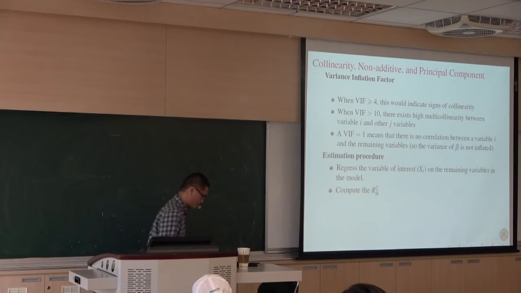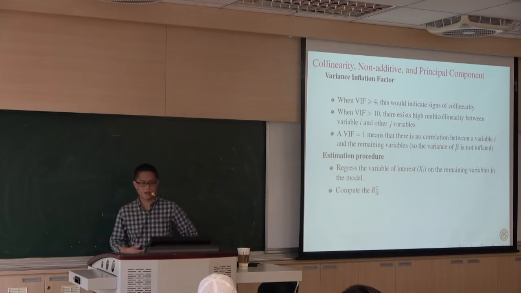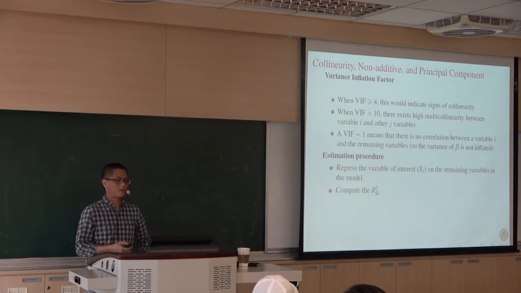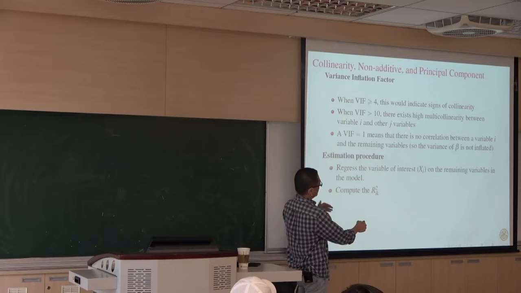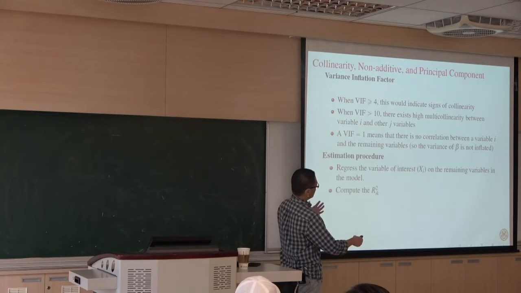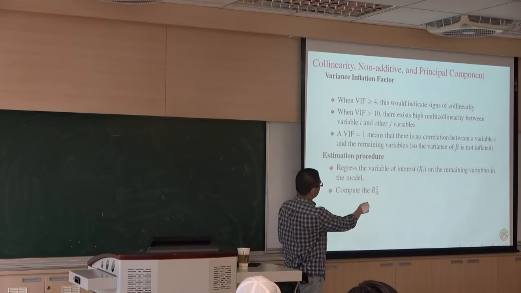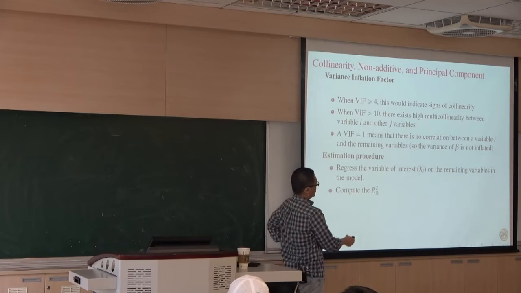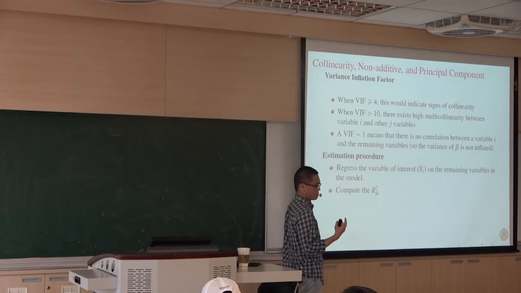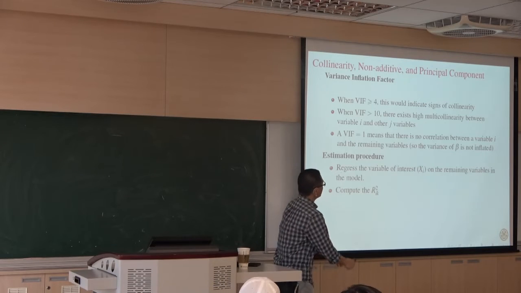But if you have a VIF much larger than 10, then there exists high multicollinearity. It means that variable xi is correlated with many k variables in the regression, then you should definitely be mindful of that.